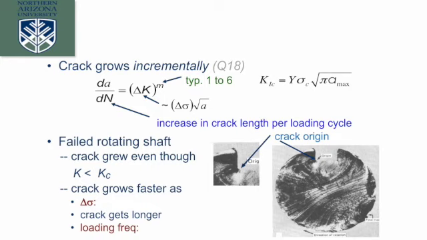Okay, so this is the equation that's typically used to determine the propagation of the cracks as they grow. We're just going to go over this; it's more of a visual thing. We're not going to go into a lot of calculations on this. We just want to understand the equation. So the change in the length of the crack and the change in the number of cycles.